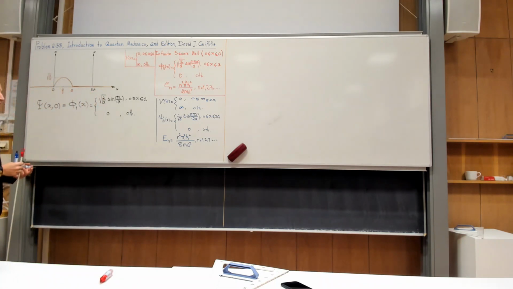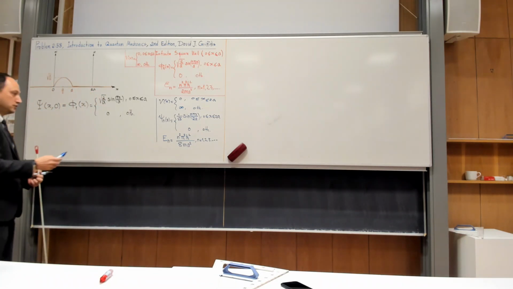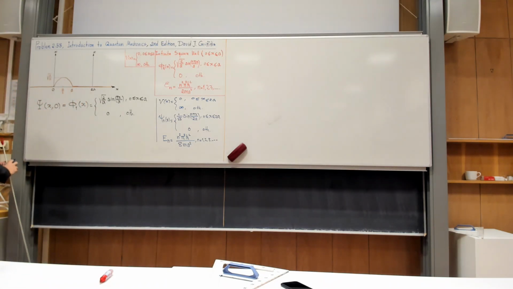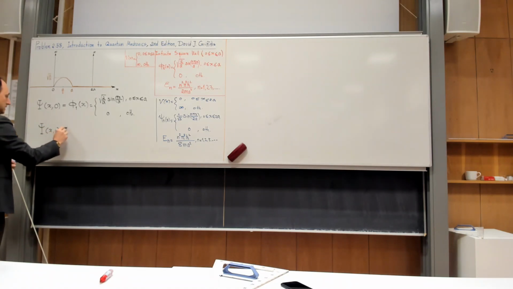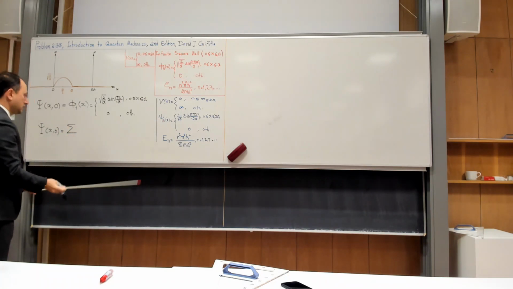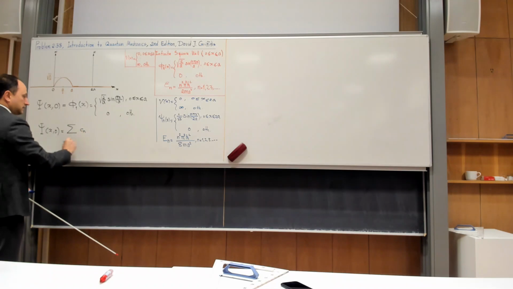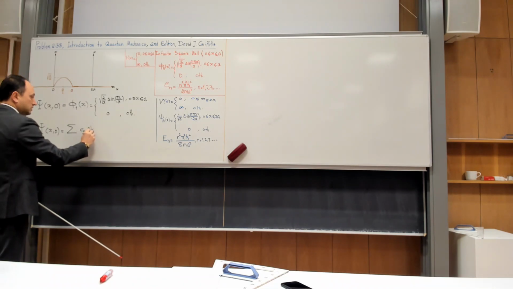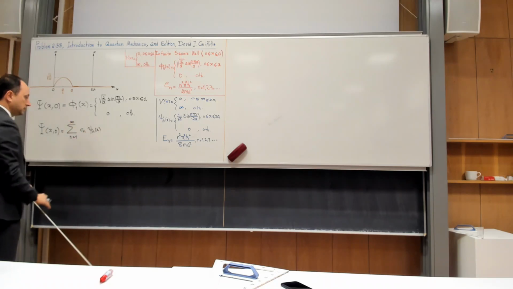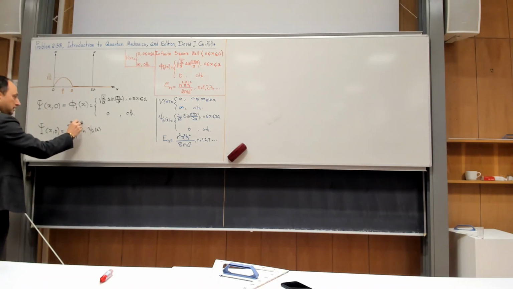And if you remember, to do this I have to expand my initial wave function as a linear combination of these states, yes? So I would write Cn times psi n of x, where n goes from 1 up to infinity. And then I need to find these Cn's.